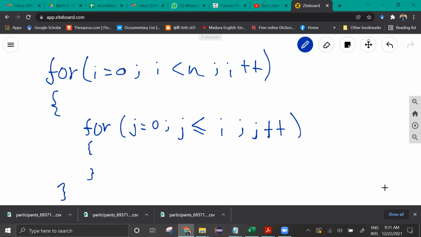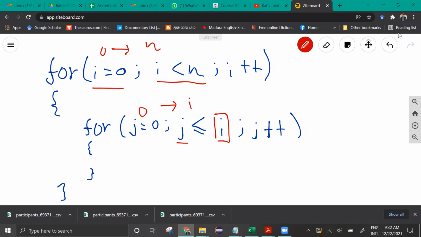If you have this situation in your algorithm, there is no problem here: i goes from 0 to n, N times. But here, j goes from 0 to the value of i at each iteration.